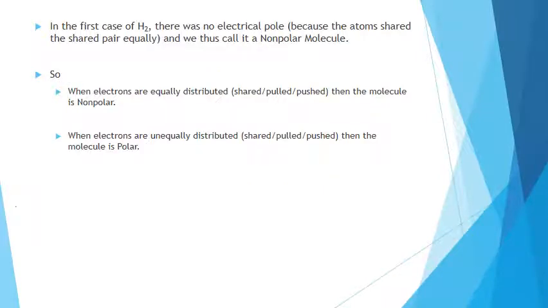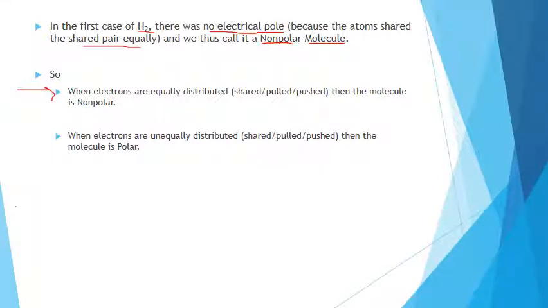Okay, so in the first case, the H2, there was no electrical pole because the atoms were sharing the shared pair equally. And so this molecule, instead of being polar, is called a nonpolar molecule. All right, so here are the key things.